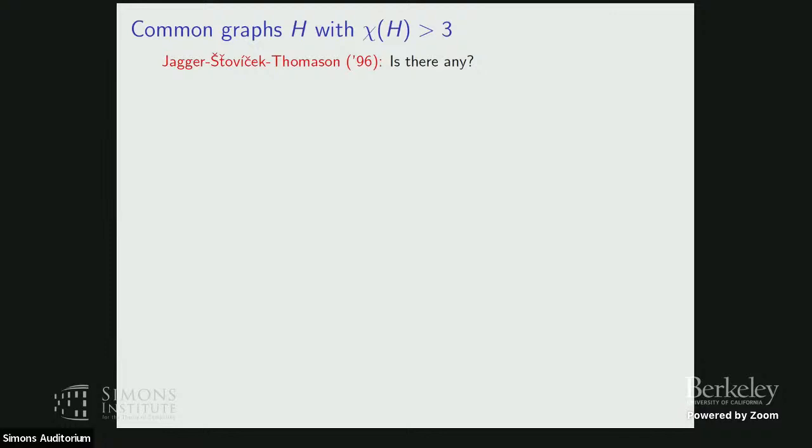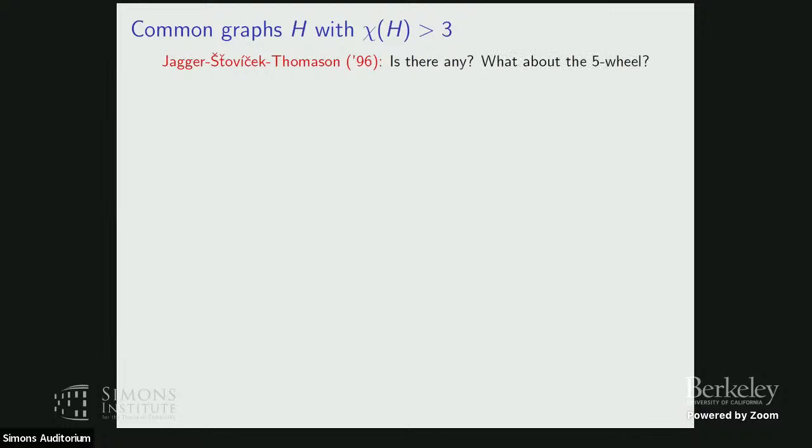But for quite a while, coming from the other extreme, Chvátal and Thomason realized that containing a K4 is a good reason for H to not be common. Maybe already the chromatic number is a good reason to not be common. So in particular, they asked, is there any common graph with chromatic number higher than 3?